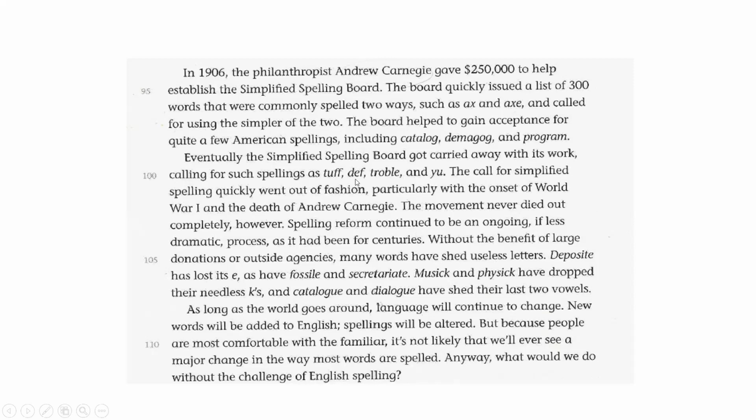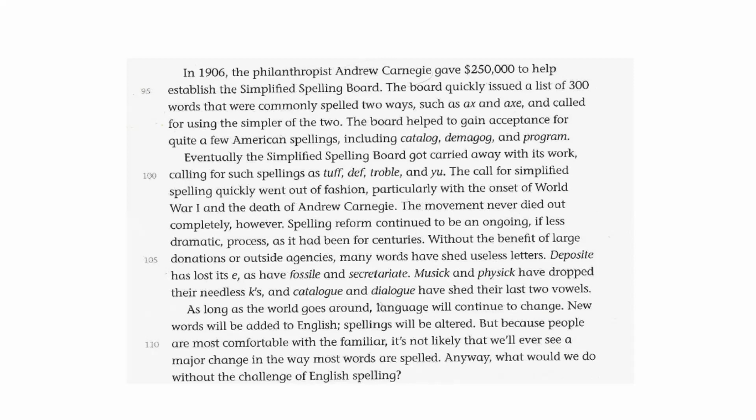Now we use an A. We need a U here, and we need to reverse this to OU. This call for simplified spelling quickly went out of fashion, so stopped being popular, particularly with the onset, or the start, of World War I and the death of Andrew Carnegie. So there we go. Even in World War I, we're still struggling with the correct spellings of the language.